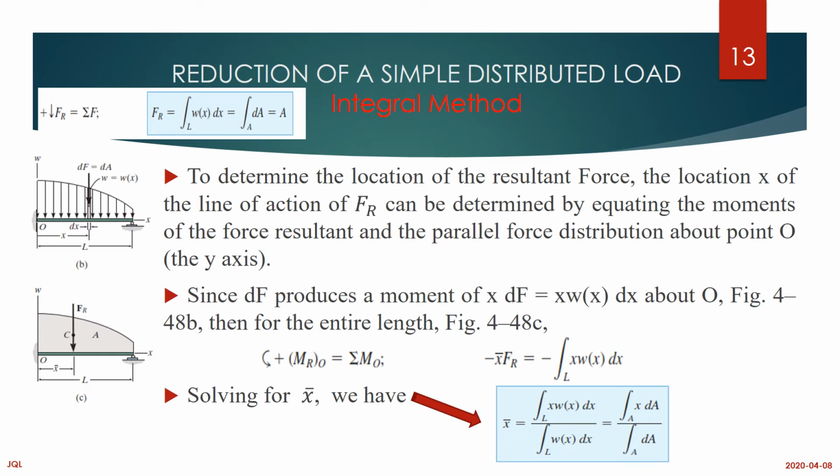Since df, the differential of F, produces a moment of x df, which is x Wx dx about O, figure 4.1, that is B, this one. Then for the entire length, you find the summation of moments. It will be negative x times FR equals the integration of the length, the x, and that is the force.